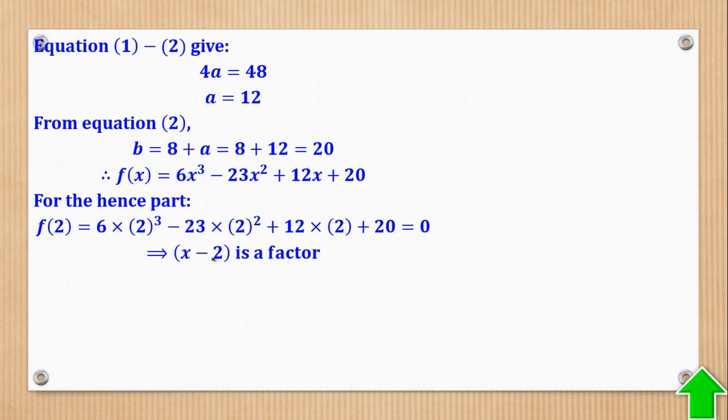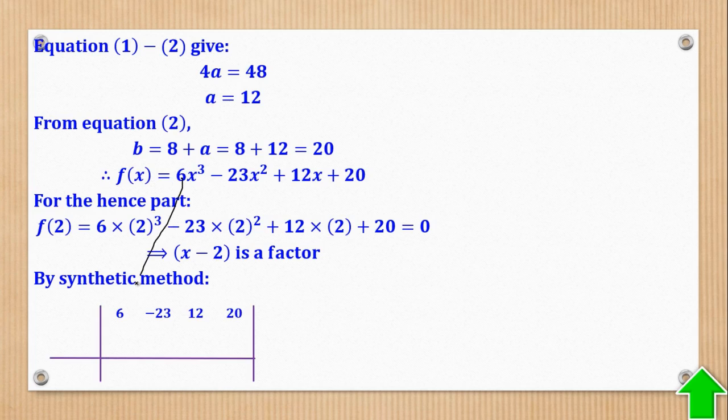We shall look at both methods, but let's start with synthetic division. Synthetic means first write the coefficients of x cubed, x squared, x, and the term independent of x in that order. Then write here the root, which is x equal to 2.